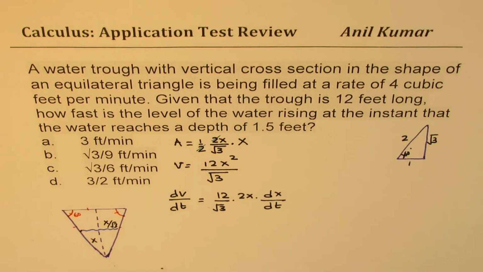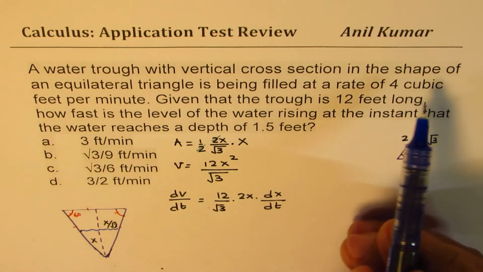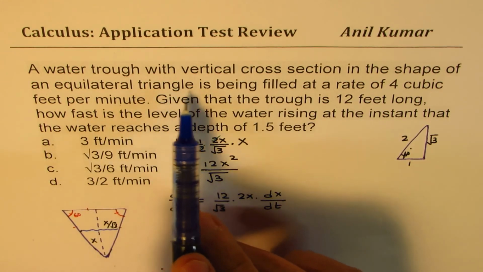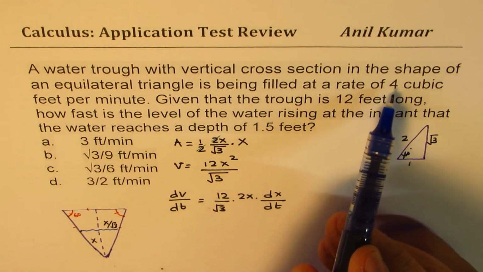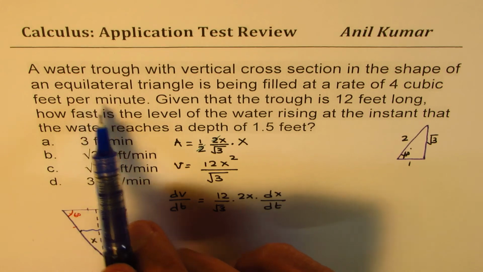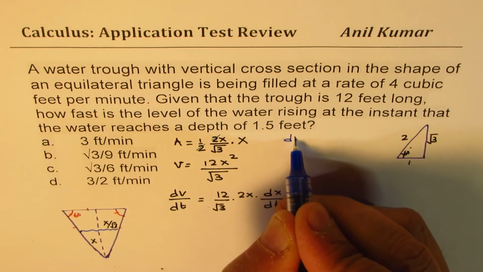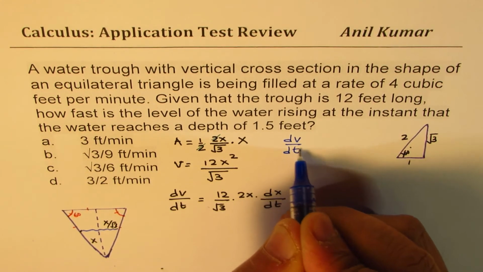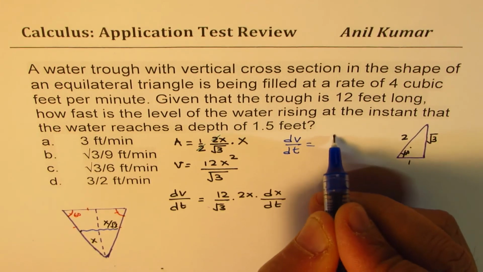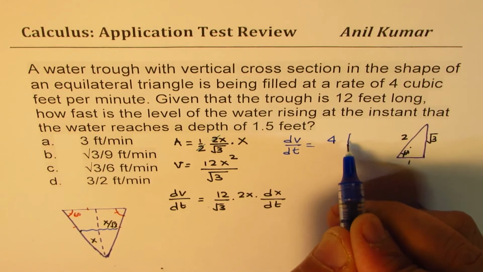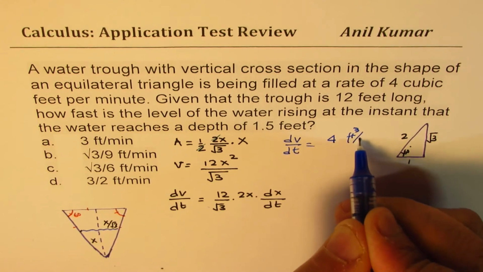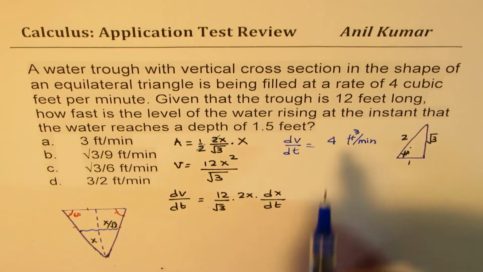Now, when we say that the equilateral triangle is being filled at a rate of 4 cubic feet per minute, that means we are given rate of change of volume. Being filled means positive, 4 cubic feet per minute. Right?